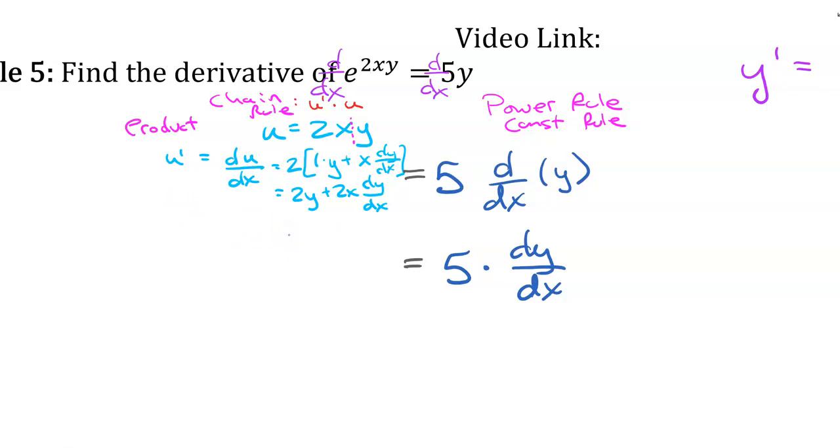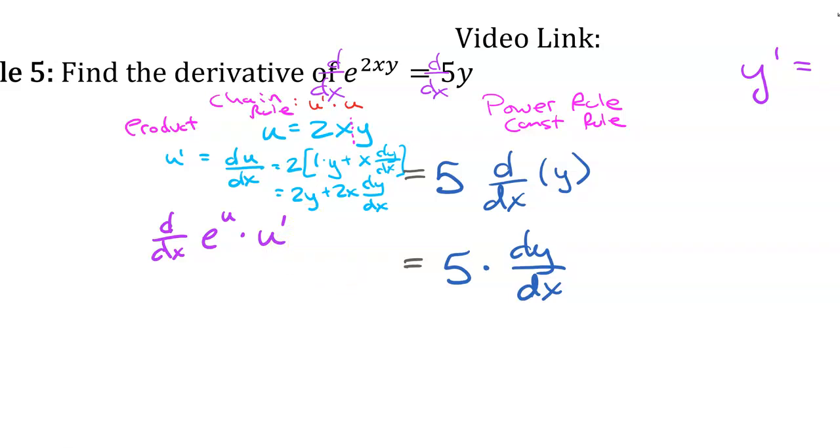This is why you use different notations and different colors and all these different things to help you keep things straight. So technically speaking, the chain rule says that I'm going to need to do the derivative of e to the u times u prime. But u prime itself is the product rule. So that's why I use different colors and different notations to help me keep track of what goes where when.